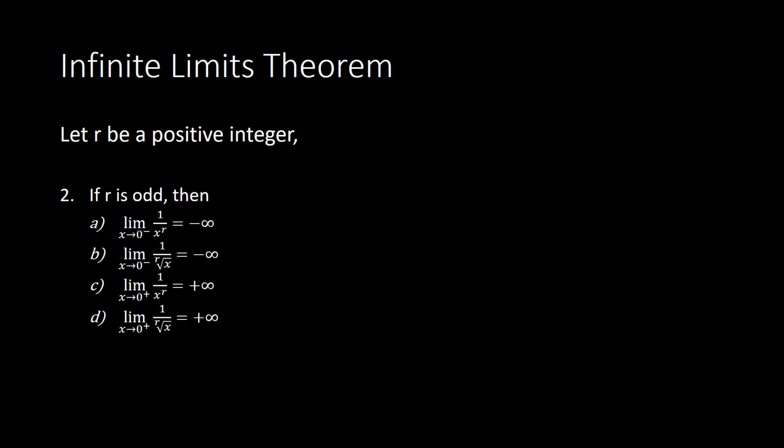Once you've got the limit of 1 over x to the power of r as x approaches 0 coming from the right side, of course, that is a positive infinity. And for the limit of 1 over the r-th root of x as x approaches 0 from the right side, that is a positive infinity.